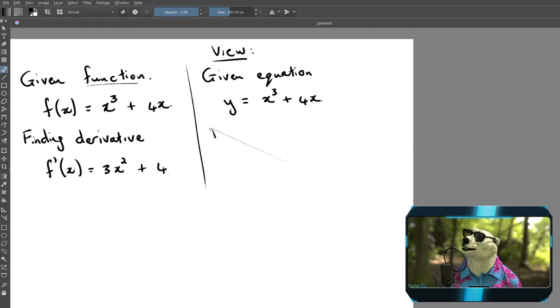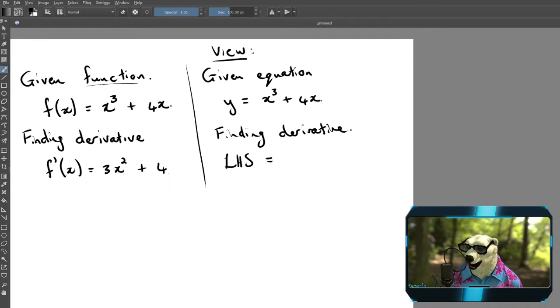Then when I want to find the derivative, of course the derivative is going to be the same, but looking at this as an equation instead of a function, I can now say, well, I have a left-hand side of the equation, which is equal to the right-hand side of the equation. So we'll just write it that way for short.